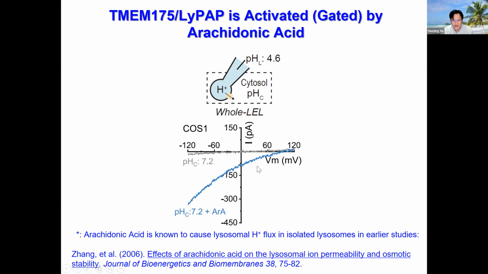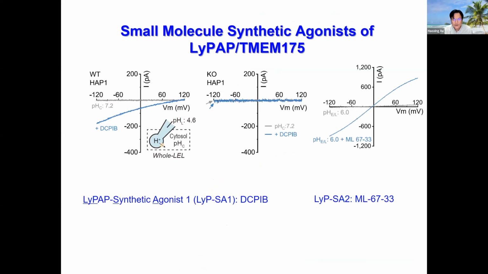We also found some synthetic compounds can activate the channel, DCPIB or ML67-33. These compounds are known to modulate other channels. We also did high throughput screening to find lots of highly potent synthetic agonists for the channel.